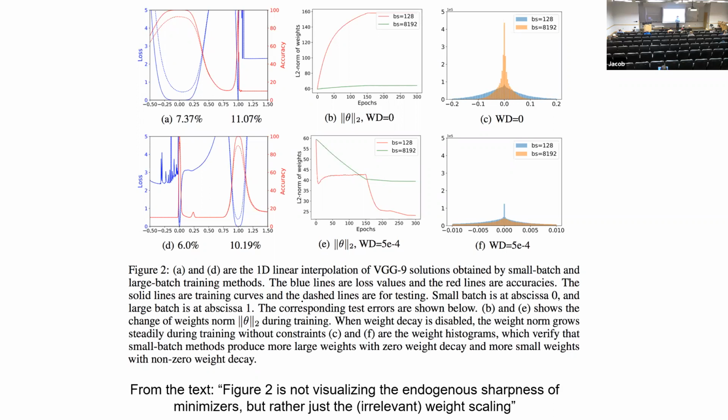So based on what we understand about invariance to parameter scaling, why do you think this pattern flipped between the top and the bottom left diagrams?